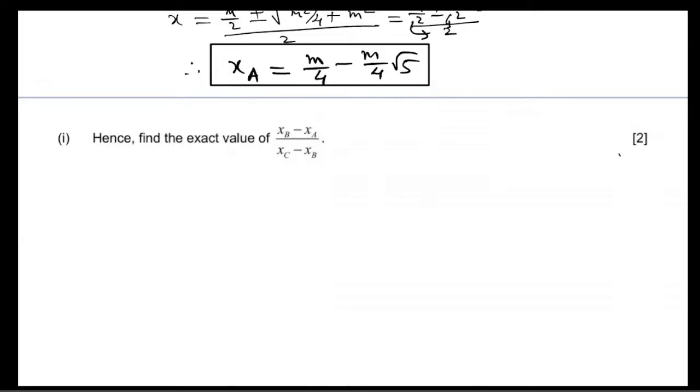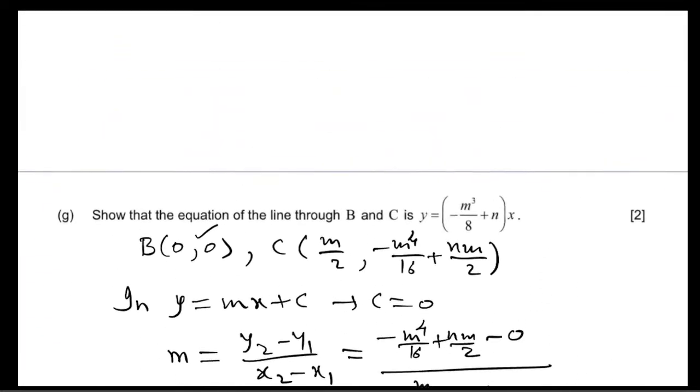Now the last part. Hence find the exact value of xB minus xA upon xC minus xB. Now we have all the coordinates, right? So xA we got, and we will need xB. xA we have, which we found here, m by 4 minus m by 4 root 5. xB is 0, we already have. xC also we have found, m by 2, I think.